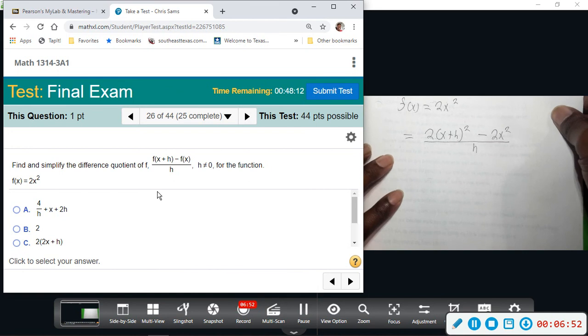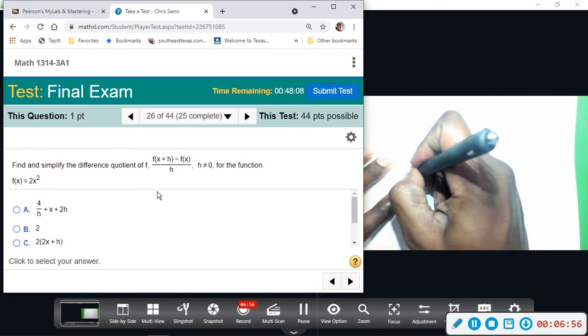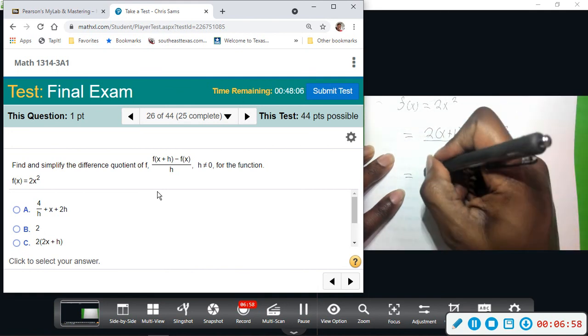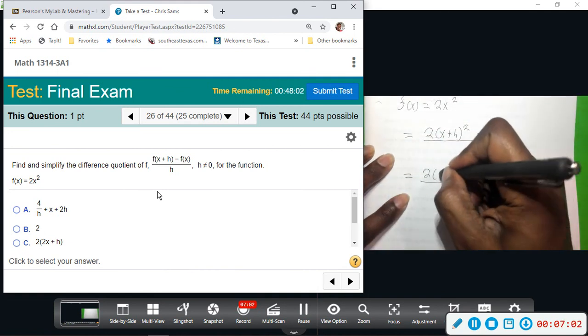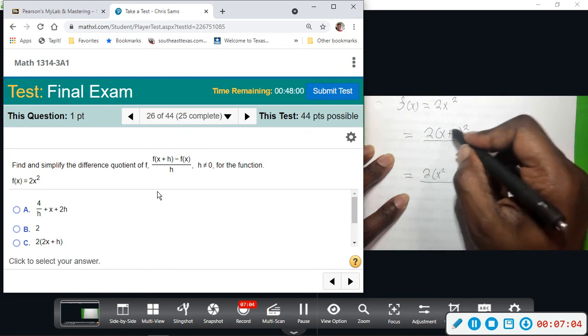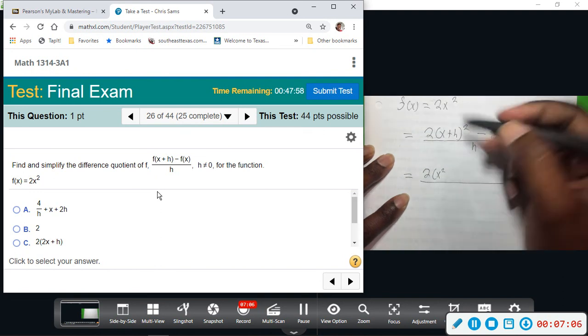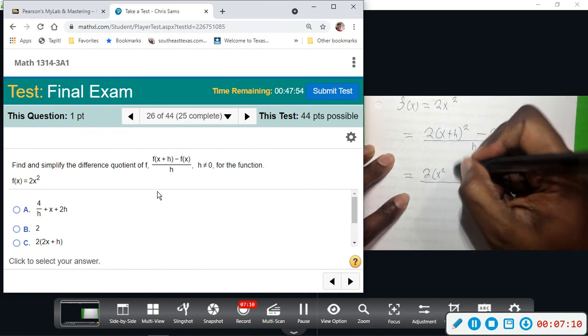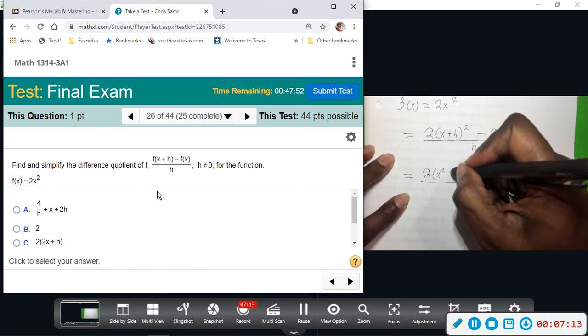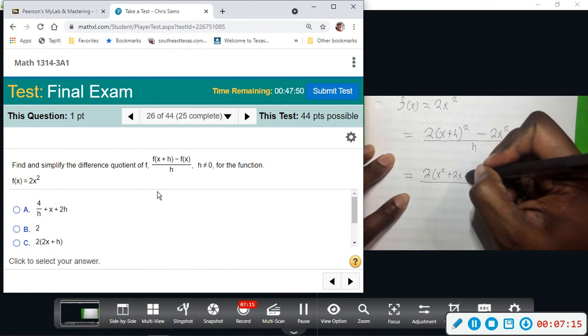Alright, so now from here we're going to actually FOIL this out. So the top part, I'm going to leave the 2 on the outside. And that's going to give me x squared. And then 2xh, because we have x plus h twice. You multiply those and double it. So plus 2xh.